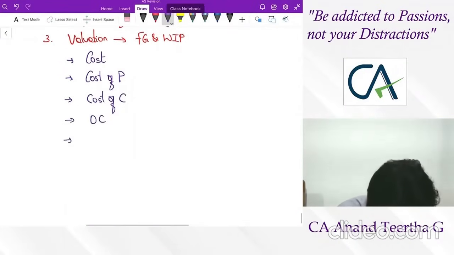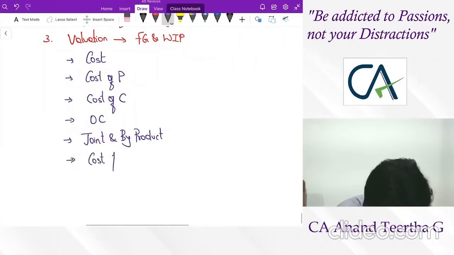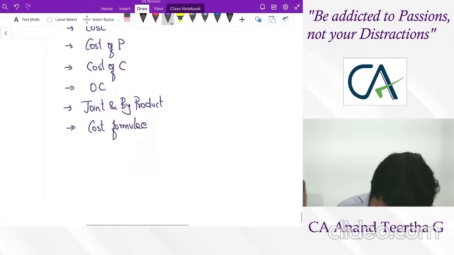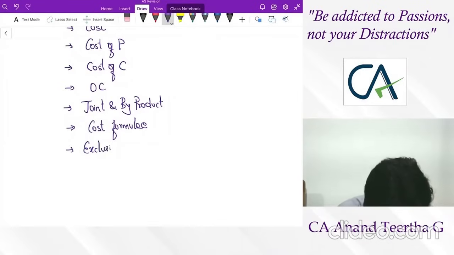Fifth, what should I do whenever joint and byproducts are involved? Next, what are the cost formulae I have to adopt? Next, what are the exclusions from cost? Last, what do you mean by NRV?